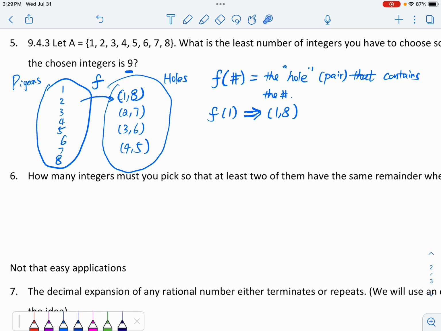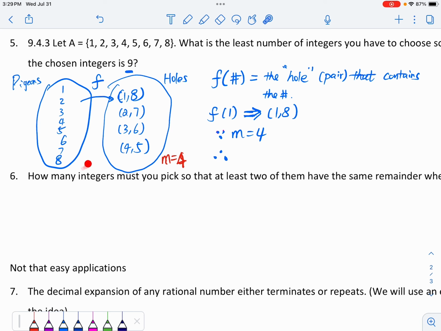So in this case, m is equal to 4, right? 1, 2, 3, 4, four holes. Therefore, how many do you have to choose to guarantee that at least one hole has two pigeons?